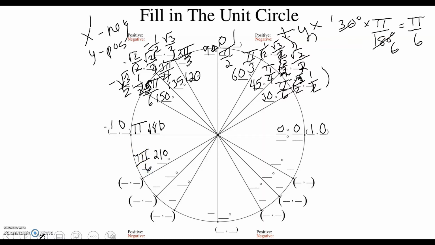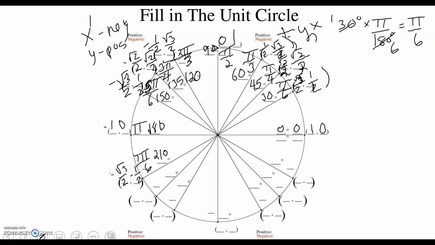That's 7 pi over 6. This shares the same coordinates as the 30-degree reference angle. So it's going to have negative square root of 3 over 2, negative 1/2. All right, so those are your coordinates, negative square root of 3 over 2, negative 1/2.